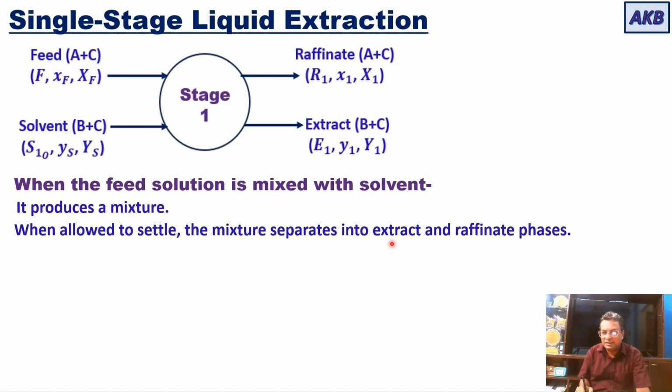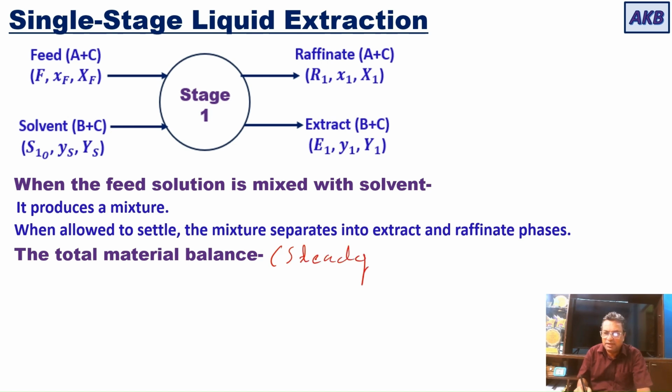And after separation occurs, these two phases will be physically separated from each other. Now let us write the total material balance for this operation, a steady state total material balance.